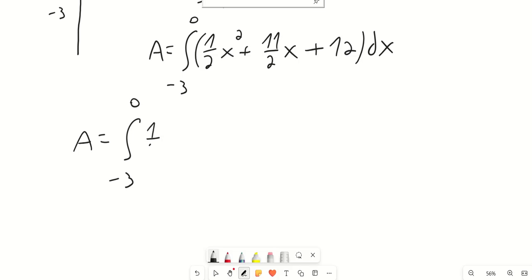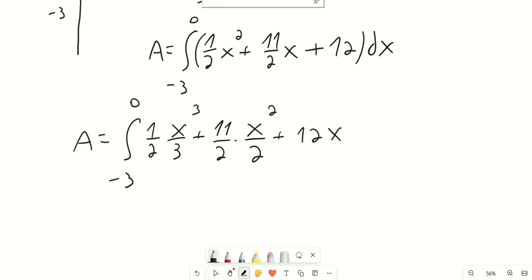Here I get 1/2 times x to the power of 3 divided by 3 plus 11 over 2 times x squared divided by 2 plus 12x. Here I already integrated, so I don't need to put the integral sign. But I still have to plug in the boundaries, -3 and 0.